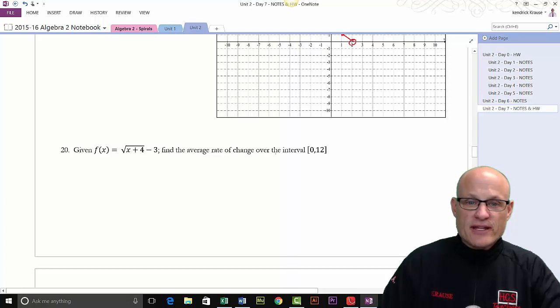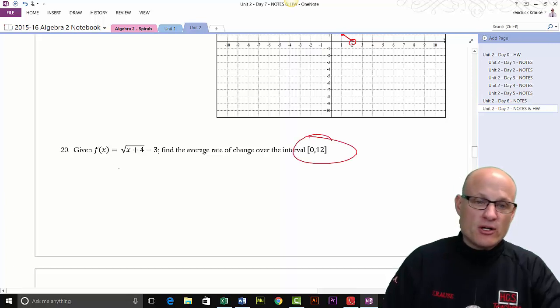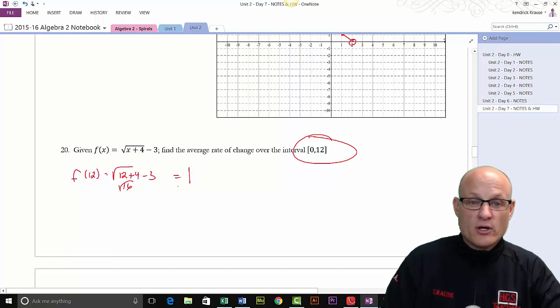Given this function, find the average rate of change from 0 to 12. Okay, so from 0 to 12, f of 12 is the square root of 12 plus 4 minus 3. Well, this is really the square root of 16, and the square root of 16 is 4, so 4 minus 3 is 1. F of 0 is equal to square root of 0 plus 4 minus 3.